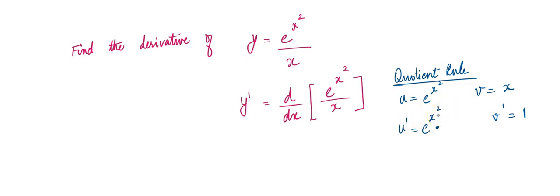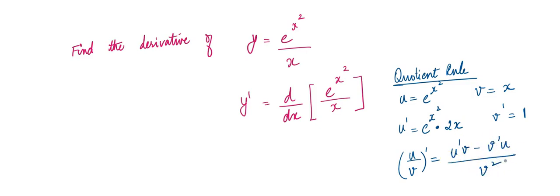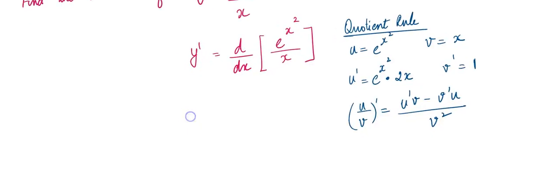Because the power was not a plain x. So derivative of x squared will be 2x. So notice how we did use the rule of exponents within the quotient rule. We're going to utilize the quotient rule itself, which says u prime v minus v prime u all over v squared.